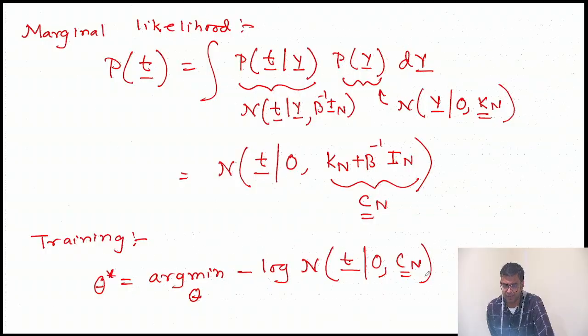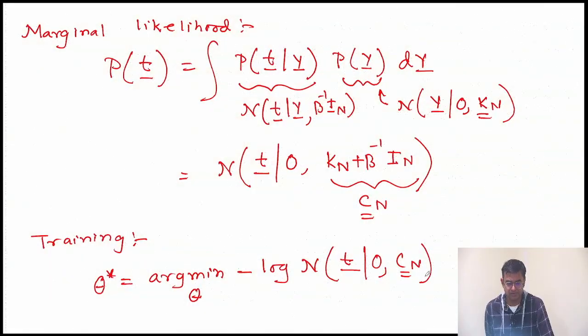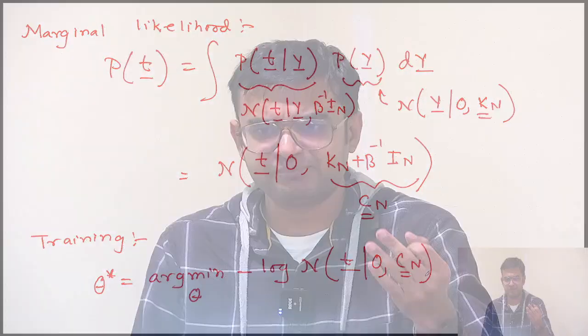We minimize the negative log likelihood of the data to find the hyperparameters theta. How many hyperparameters do we have in the current setup? We have 3: the process variance sigma, the noise variance sigma y squared or beta inverse, which is the precision, and the length scale parameter L. Whatever you want to call it, we have 3 parameters.